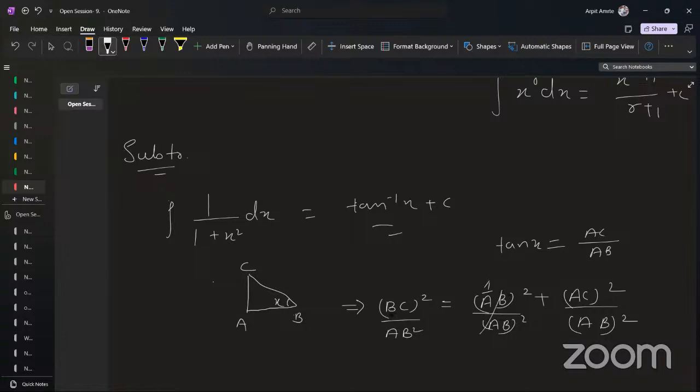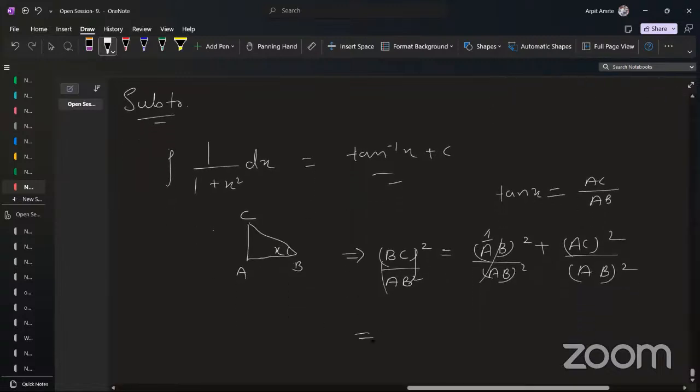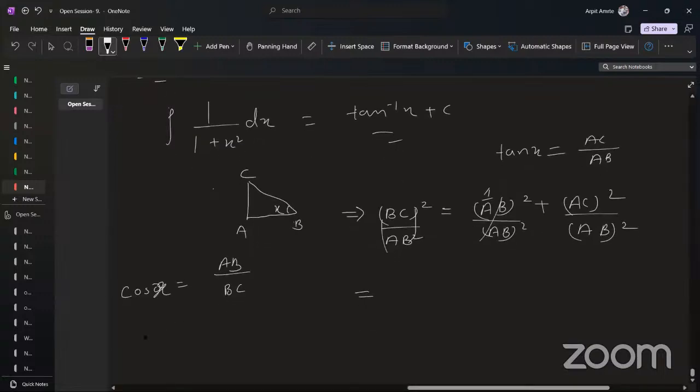So what you will get? BC by AB whole square. What is your BC by AB? Hypotenuse by base. What is your cos theta? Cos x is base by hypotenuse, AB by BC. So sec theta is hypotenuse by base, BC by AB.